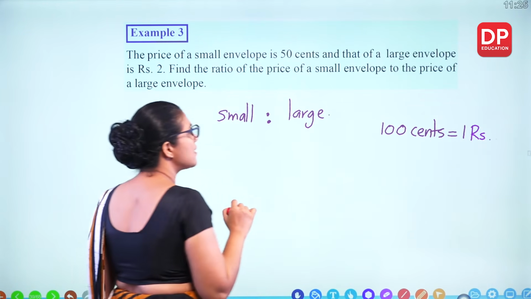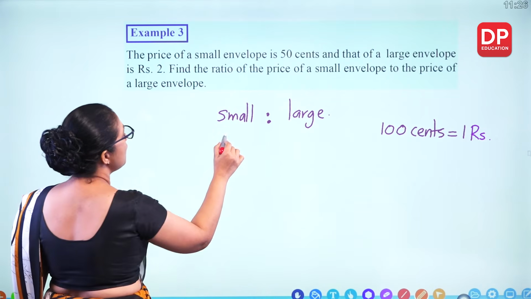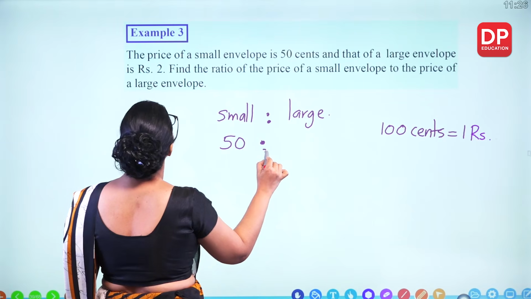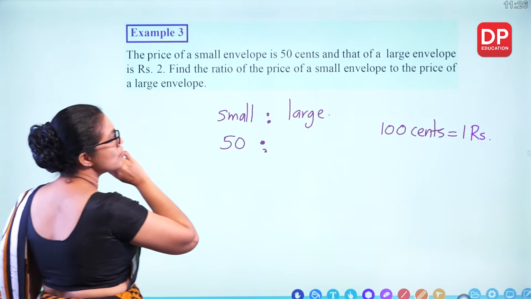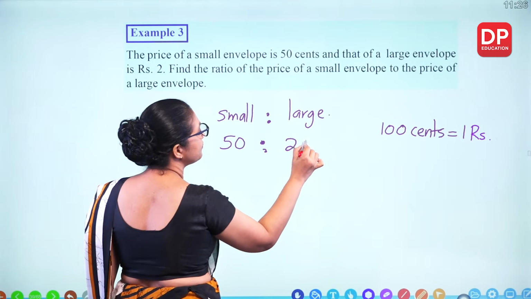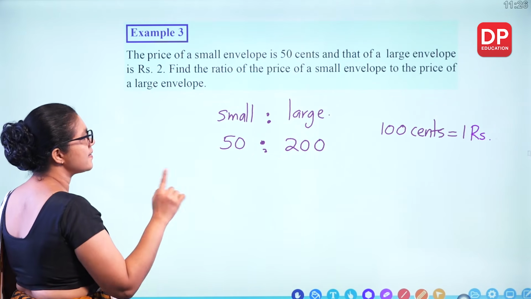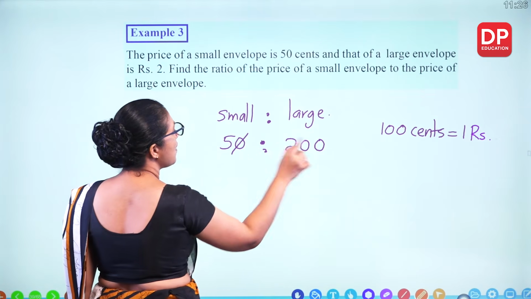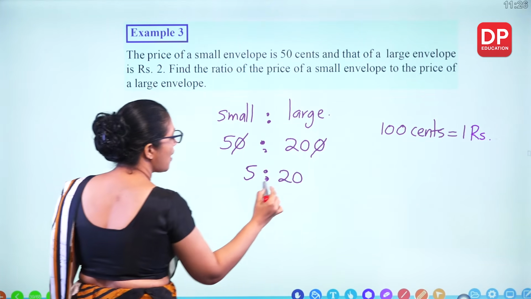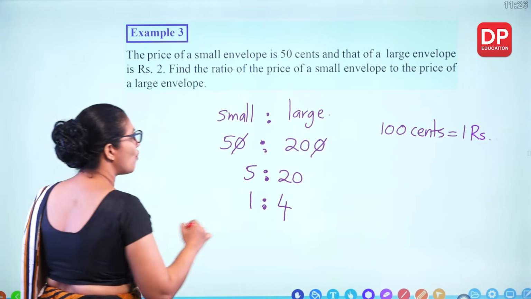So you can convert. 50 cents is okay. This is 2 rupees. 2 rupees means 200 cents. Now both are in cents, you can simplify. Divide by 10, 5 to 20. Divide by 5 again, 1:4.